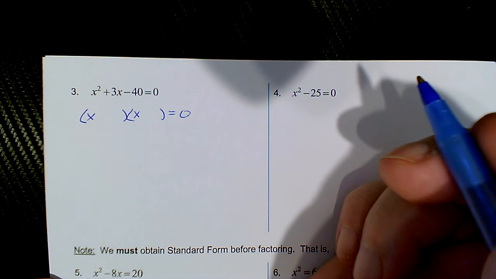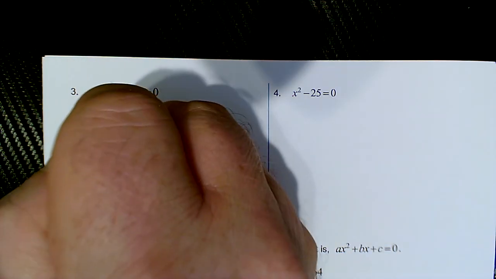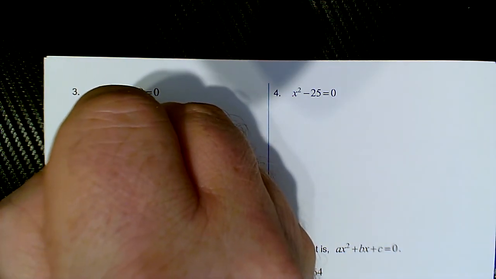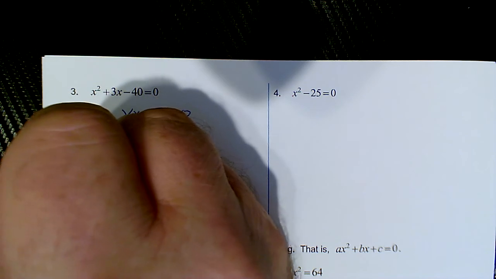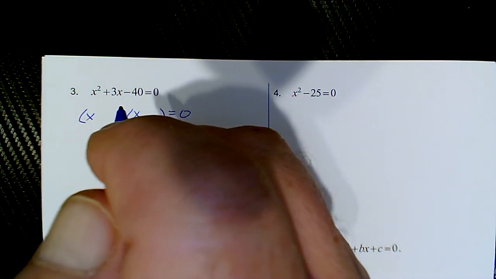So we're going to have two binomials. First term of each is going to be x. Now the signs again are opposite because the constant term is negative. So one of them positive and one of them negative. It doesn't matter which one.